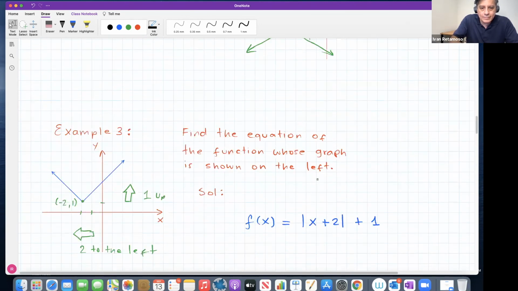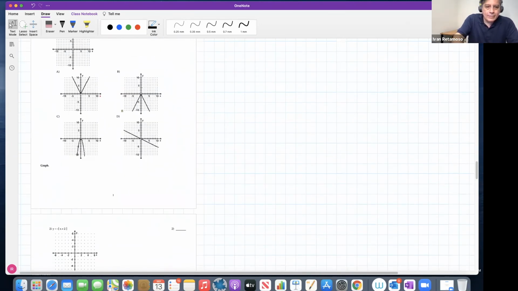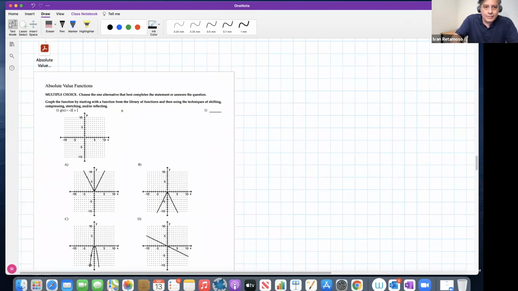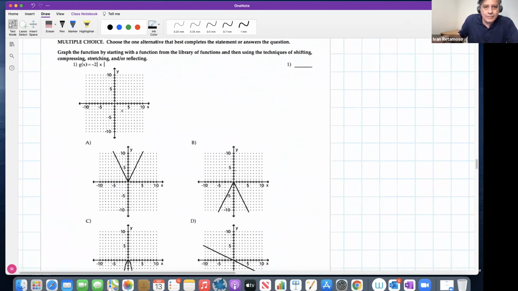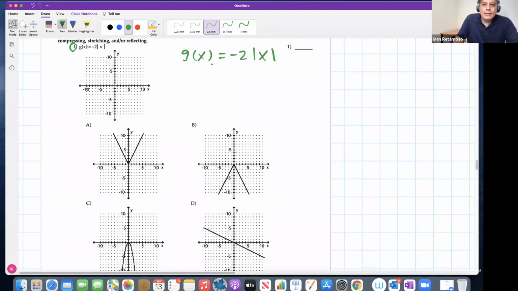So let's see. Let's start with something straightforward. What should be the graph of this? Anybody in the chat? Try to do it, please. g of x equals -2 multiplied by the absolute value of x. Remember, -2 is a reflection about the x-axis, right?